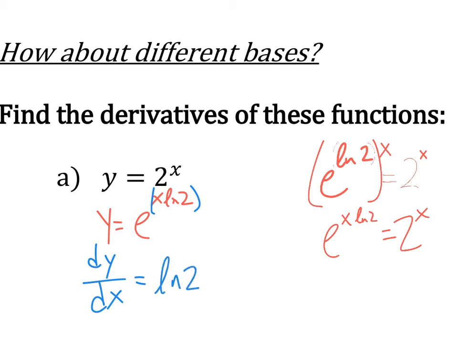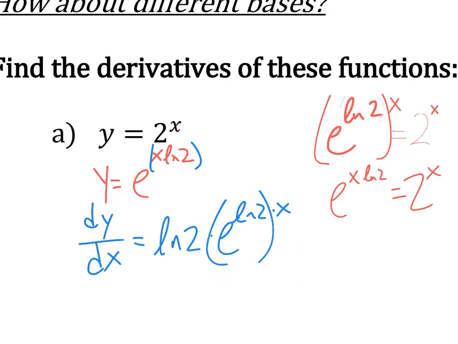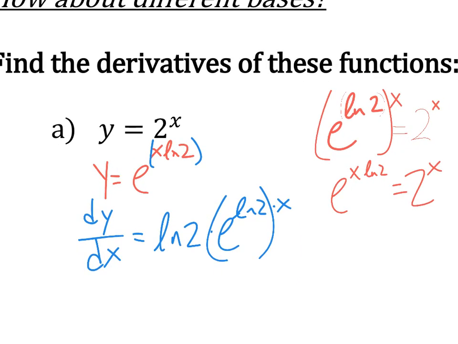Again, that's just a constant. Times e to the natural log of 2 times x. Well, wait a minute. What was e to the natural log of 2? It is 2. So this is the natural log of 2 times, the parentheses becomes 2 to the x. And that's it.